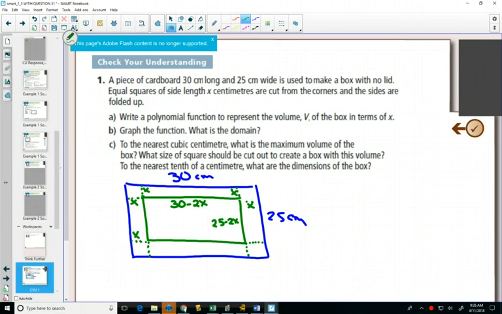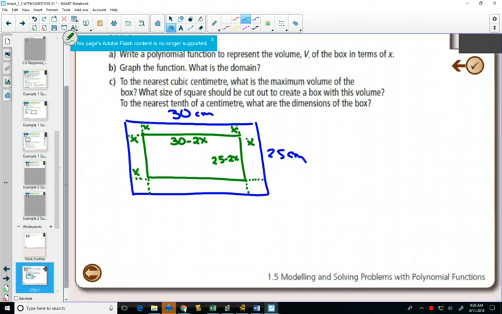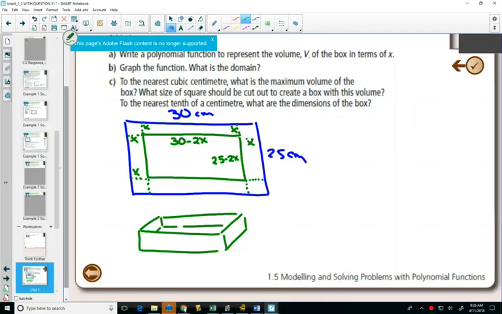And so when you fold things up, and if you like drawing, you can also draw a little three-dimensional box of it folded up. That would mean that we have 30 minus 2x for this side, 25 minus 2x for this side, and a height of x.